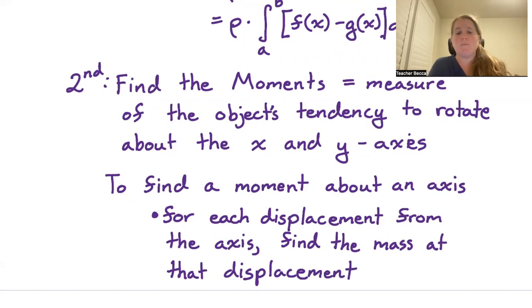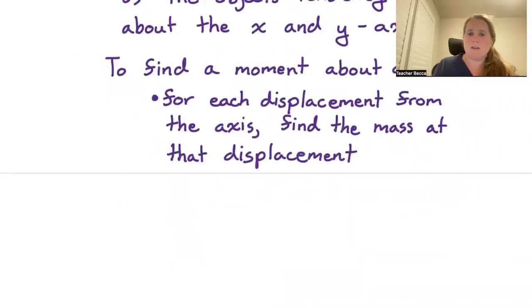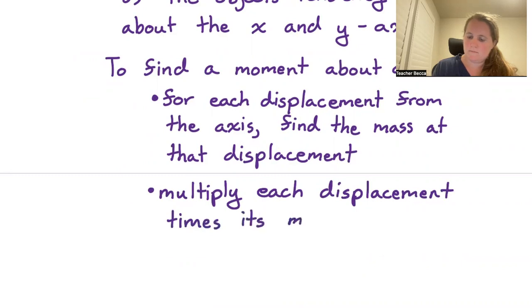From there, we multiply the displacement times the mass. Again, we multiply each displacement times its mass, and then we add up all of those products.